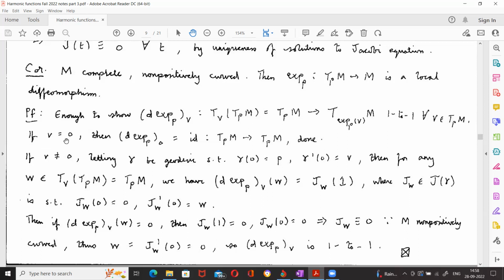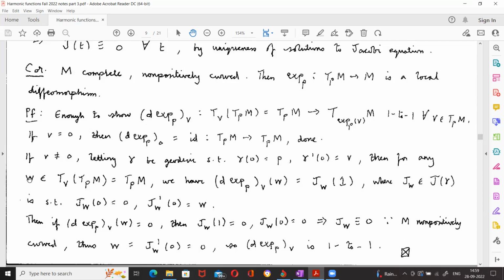If v is equal to 0, then this becomes the derivative of the exponential at the origin. This we saw is just the identity from T_pM to T_pM. So in this case, we're done. Otherwise, if v is non-zero, then let gamma be the geodesic with initial conditions p, v.